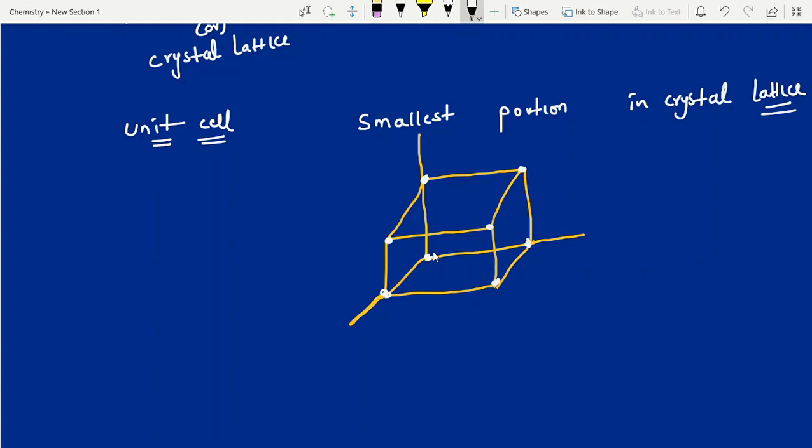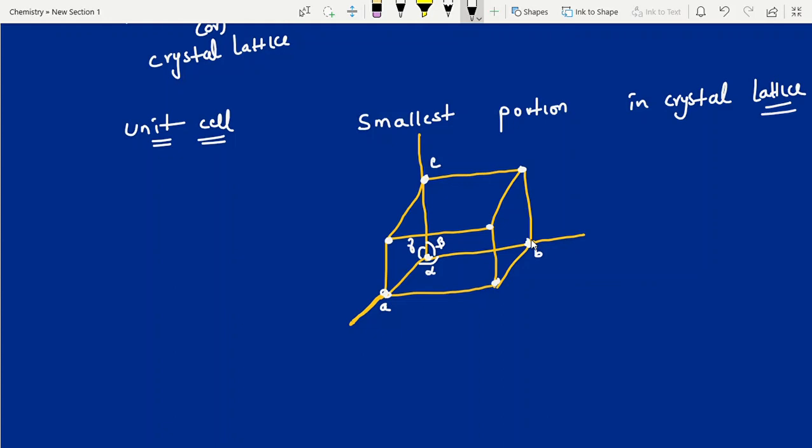Now here we are using edge lengths. This edge is a, this edge b, this edge c. Same like angles also: here angle alpha, here angle beta, here angle gamma. So 3 edge lengths and 3 interfacial angles. Based on that we give the crystal system.